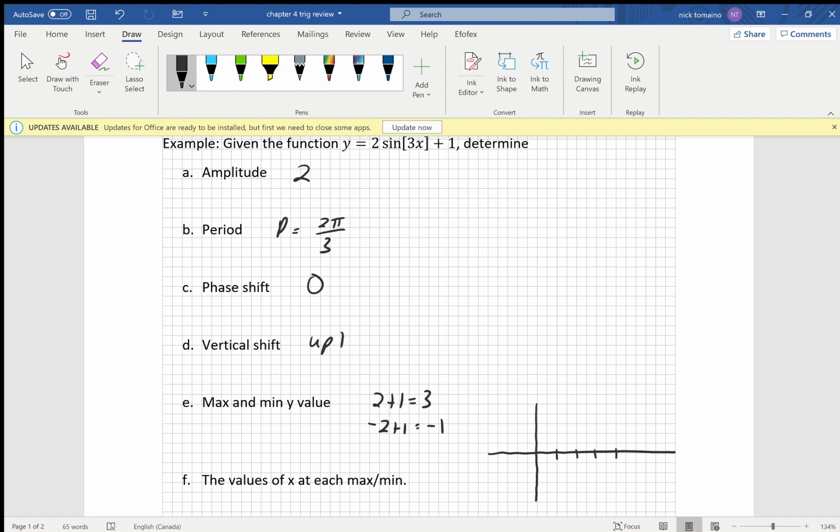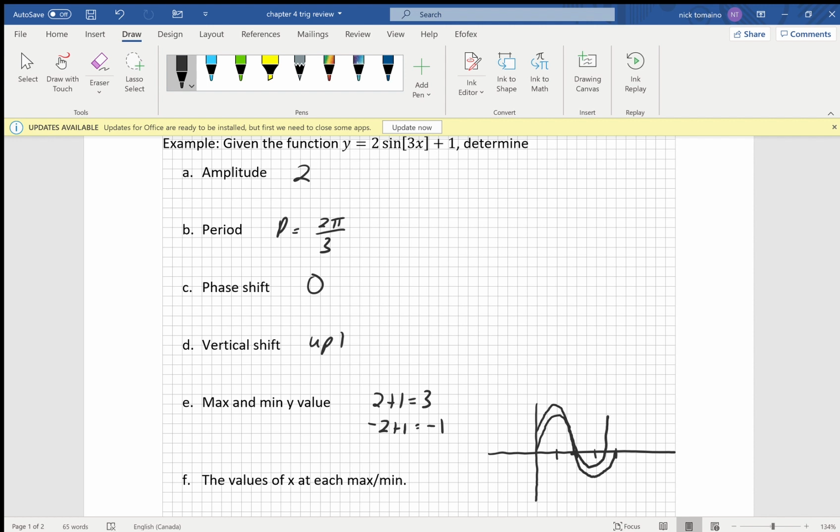The period is 2 pi over 3, which is like 120. So we're going to draw the curve that looks like this, and then what happens is we get shifted up 1. Looks something like that.